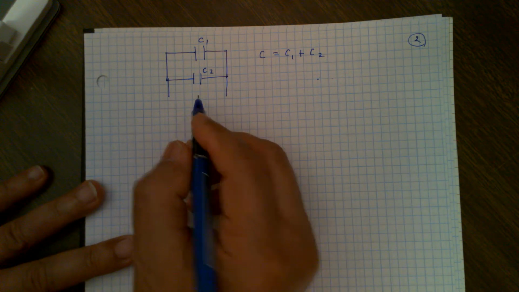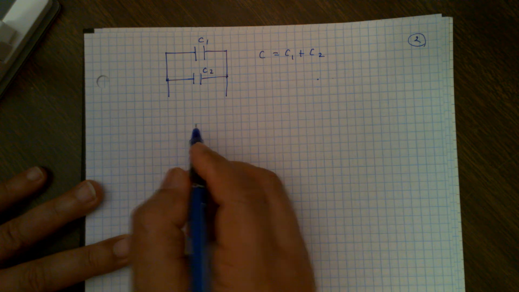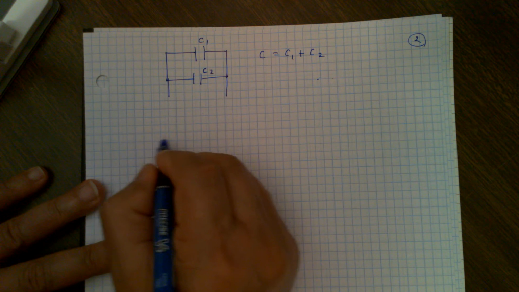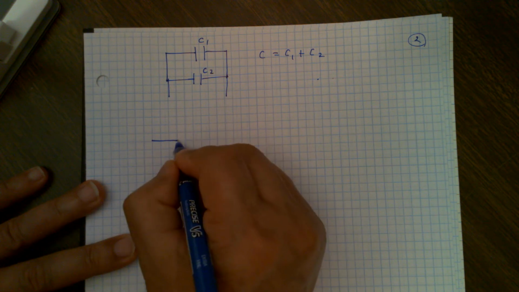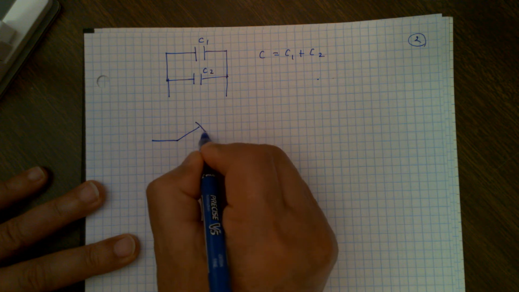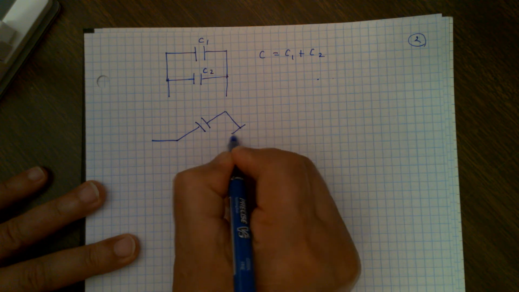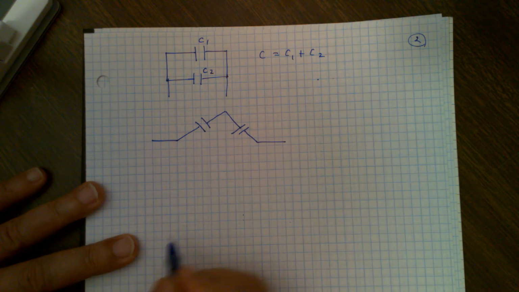Sometimes you do not know or you do not notice that they are in parallel because of the figure. For example, let's suppose I have a wire, like that, something like this.